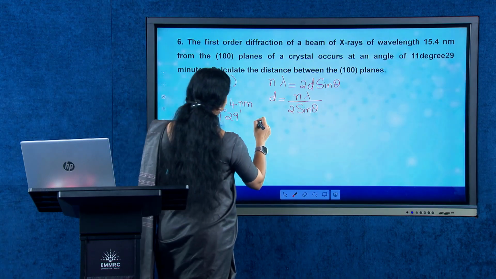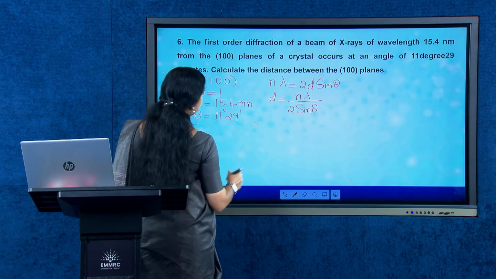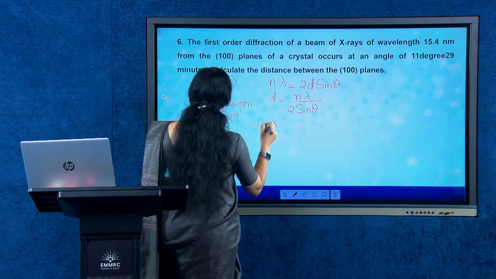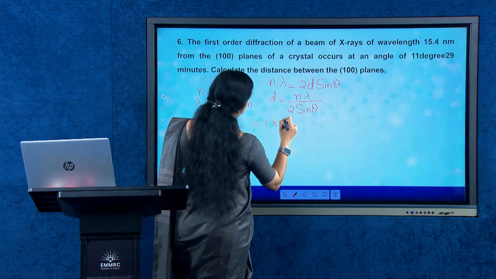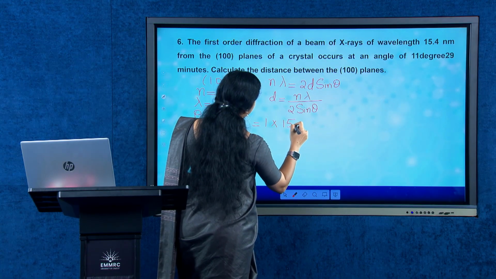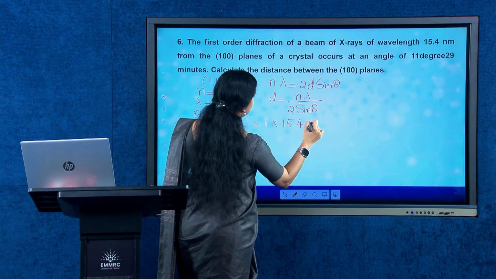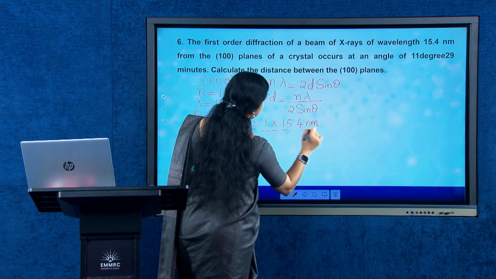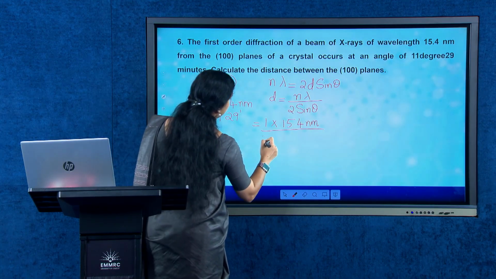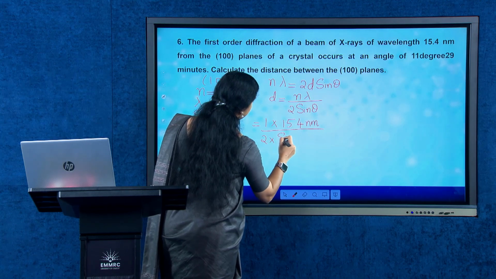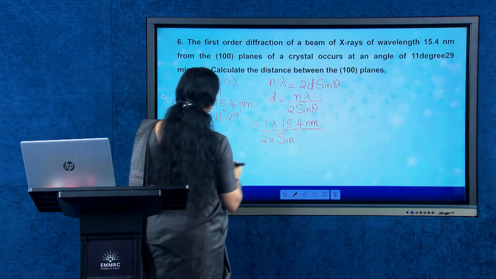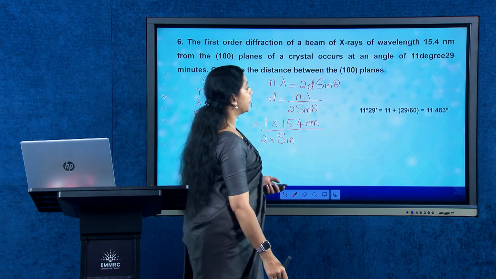So, when we substitute these values, we have 1 into the value of lambda is 15.4 nanometers divided by 2 into sine 11 degree 29 minutes.